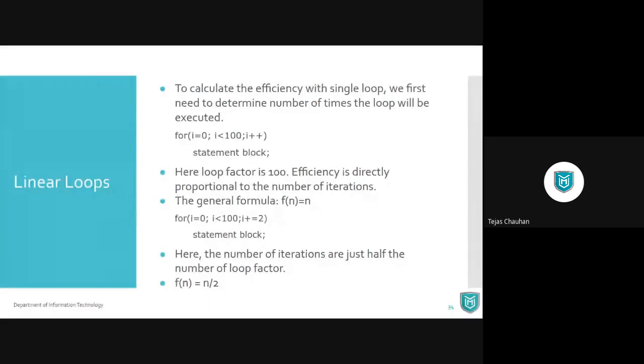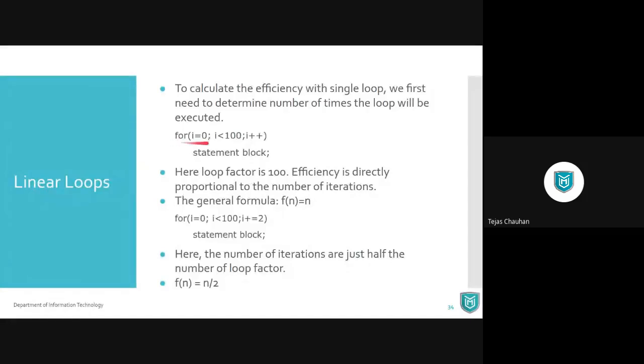So when we have a loop kind of thing, we need to be more focused on how many times that statement is being executed. If it is a linear loop, that's the simplest one.